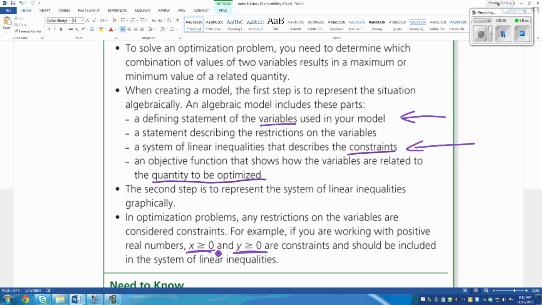You would just have 0. You can't make -3 sandwiches. So in some word problems, they don't tell you that. You have to just think about the situation. Oh yeah, we can't make negative sandwiches, so X has to be greater than or equal to 0, and Y has to be greater than or equal to 0. So you have to think of those situations, okay?